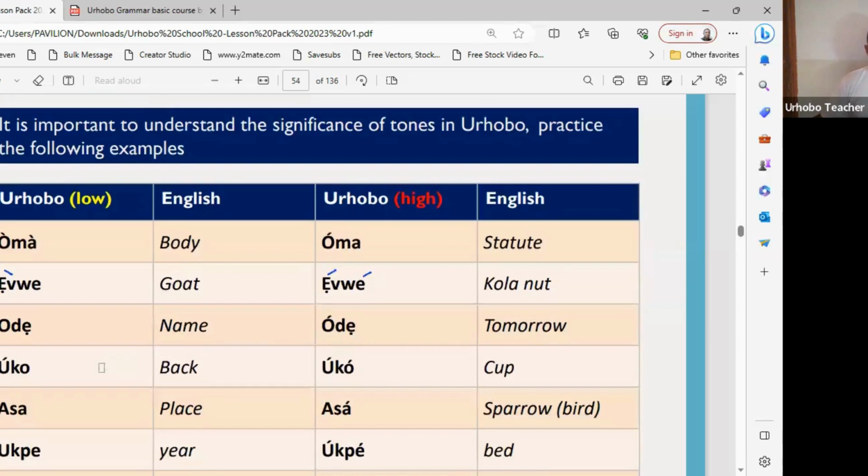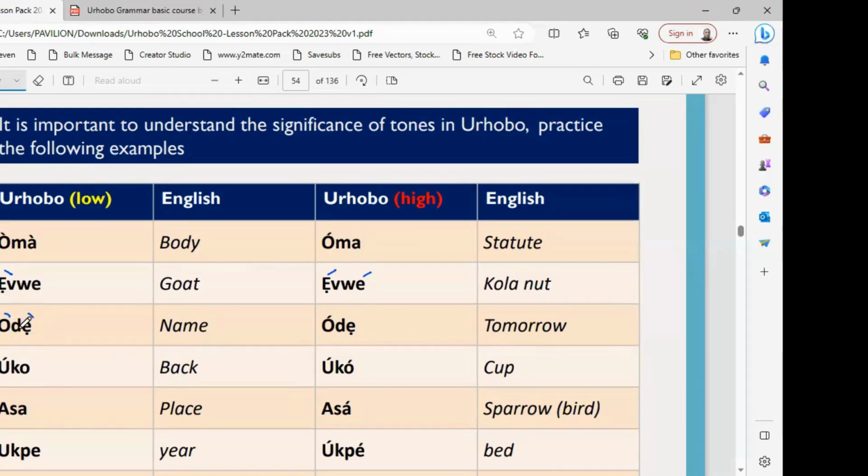So now with that knowledge, can you pronounce this name? Ode. Yeah, so falling. Ode. Falling. Okay, now let's go to the next one, which is tomorrow.